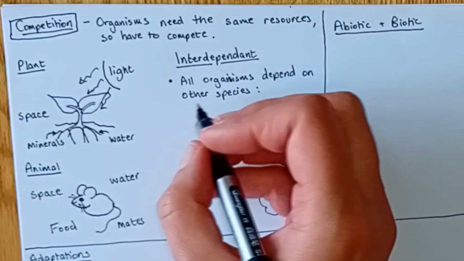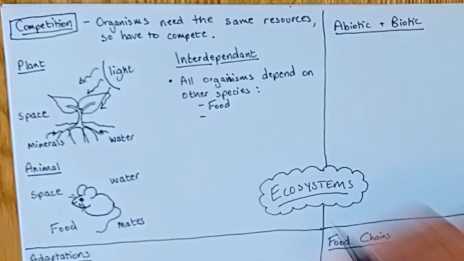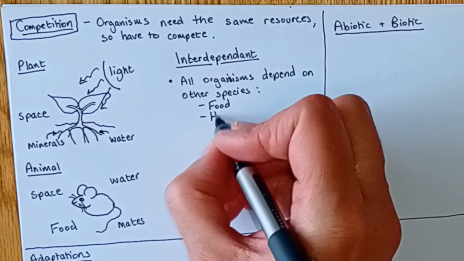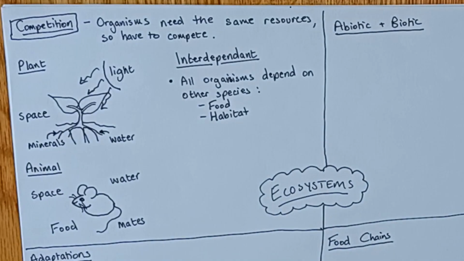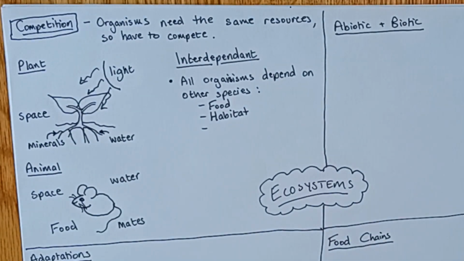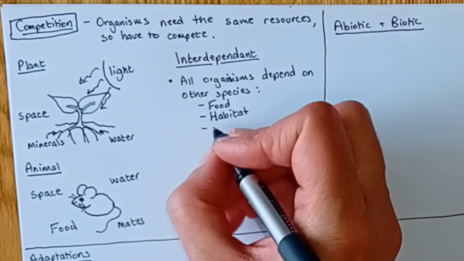And that might be for food, might be that you live in a tree, so another species provides your habitat. It might be that you need another species to spread the pollen, so insects or birds.